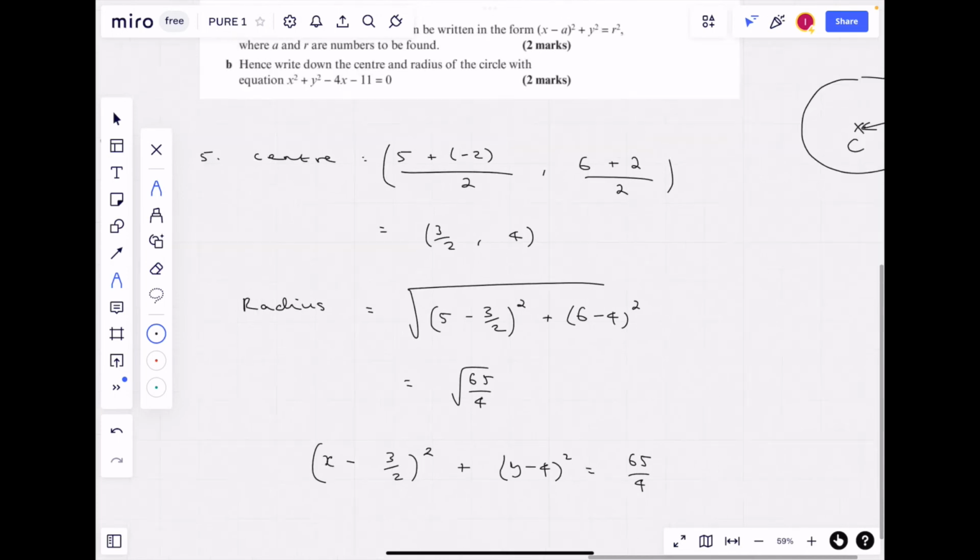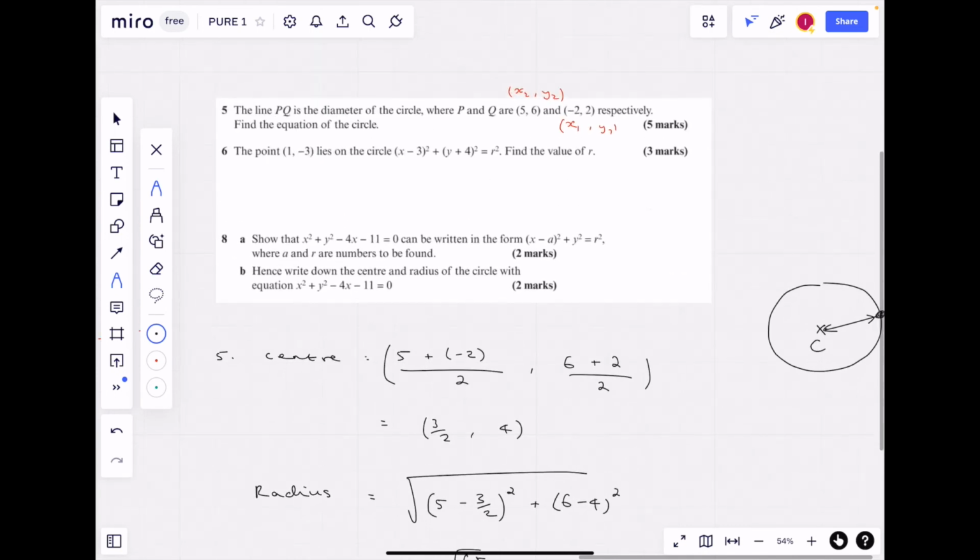Okay, question 6. The point 1, minus 3 lies on the circle blah blah blah. Find the value of r. Here's what you're going to do. You're going to substitute 1 and minus 3 into your equation, and then you're going to rearrange for r.